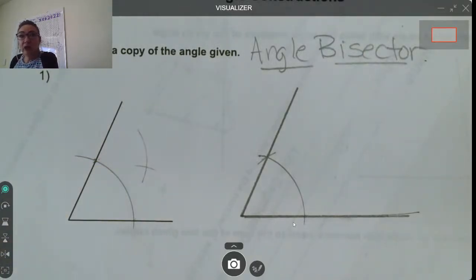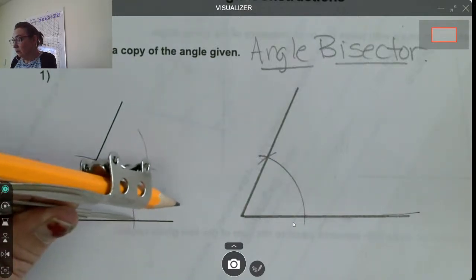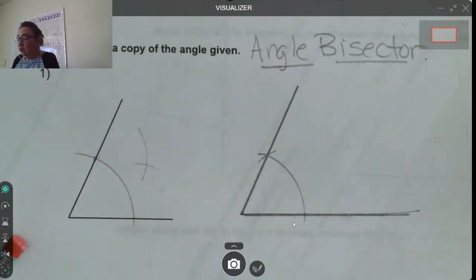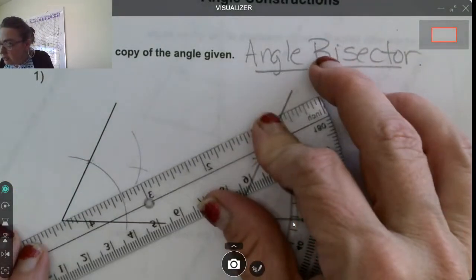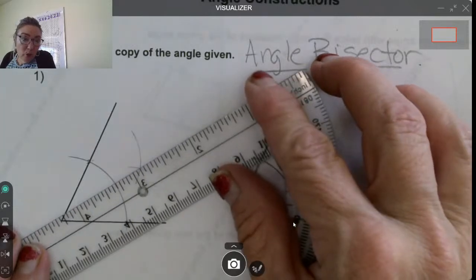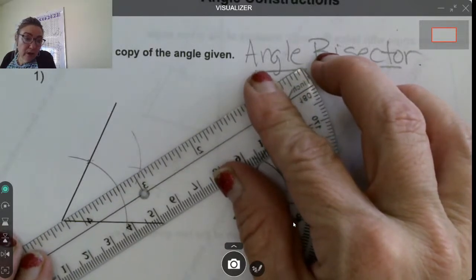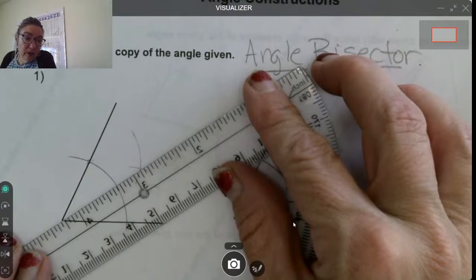That place where they cross is dead center of that angle. They have to cross right in the middle of the angle. So all we have to do now is line up the vertex of our angle with where they cross right there.